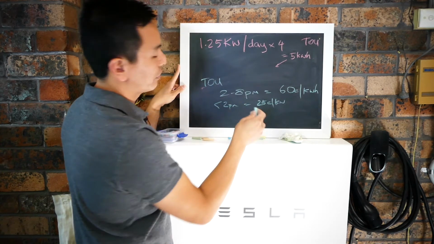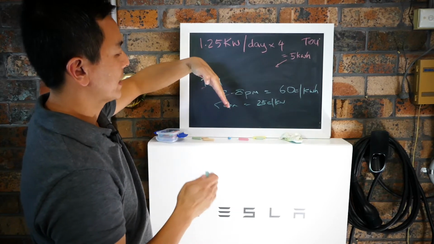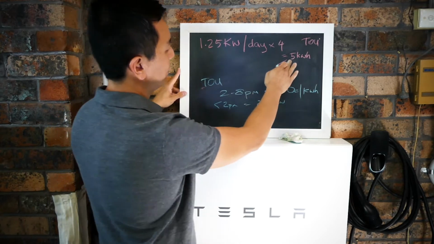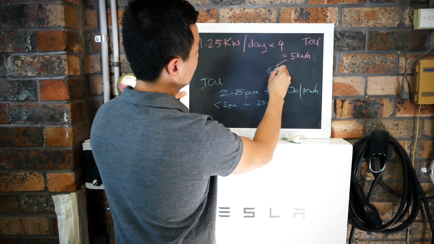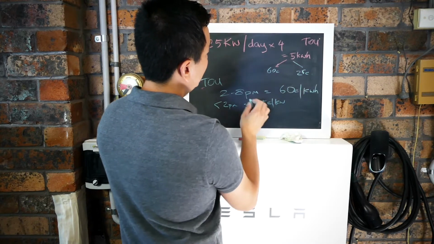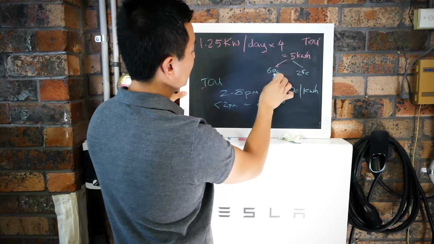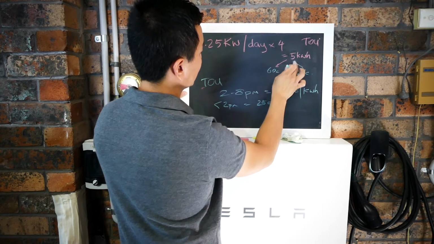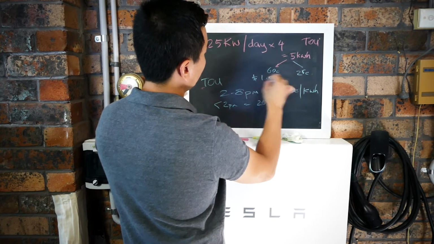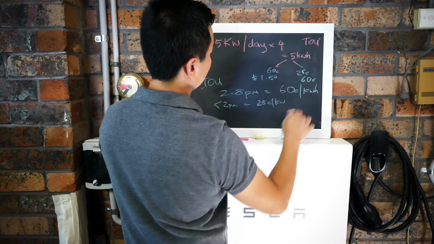If you saw my graph before with the sun and the usage intersecting, I reckon half of that is going to be at 60 cents and half of that will be at 25 cents. Which means that with your panels, you can offset, so 2.5 by 6 will be $1.50, and that'll be about 60 cents.